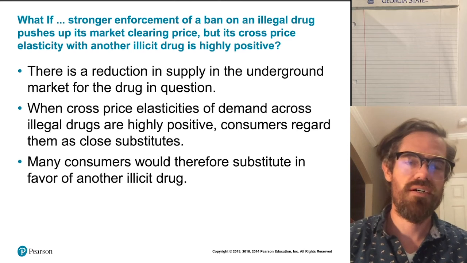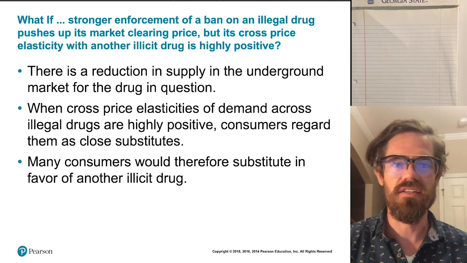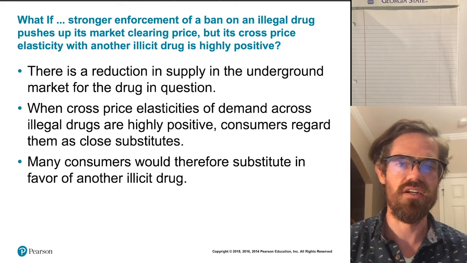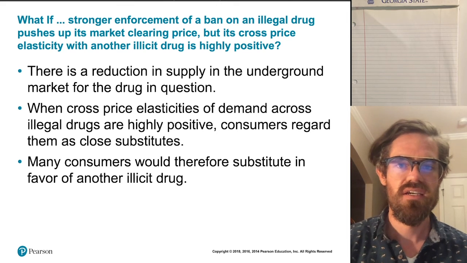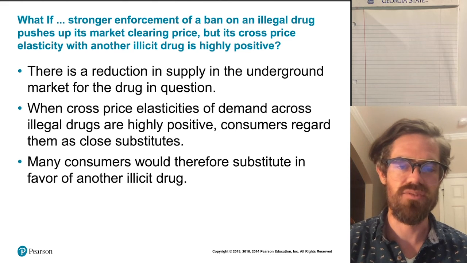All right, so what if a stronger enforcement of a ban on an illegal drug pushed up its market clearing price, but its cross-price elasticity with another drug is highly positive? Well, the ban would basically reduce supply in the underground market, and that's what would cause the price increase.